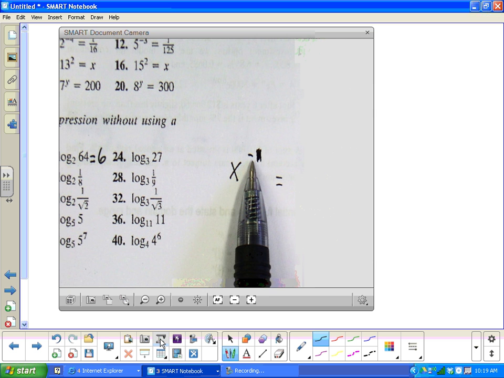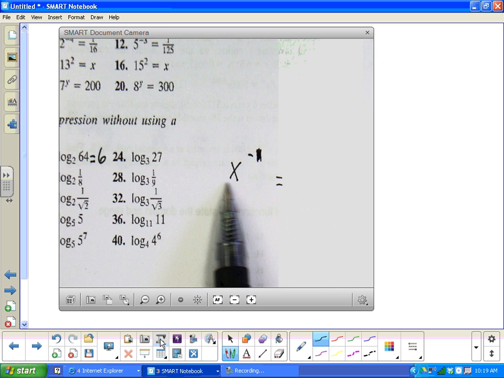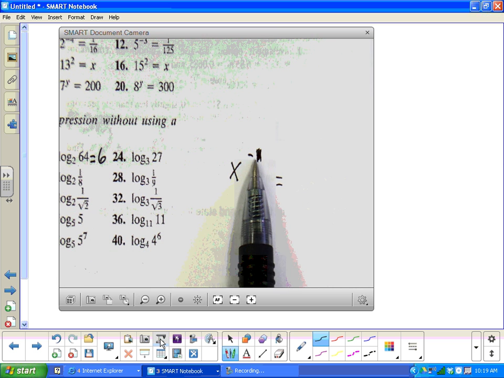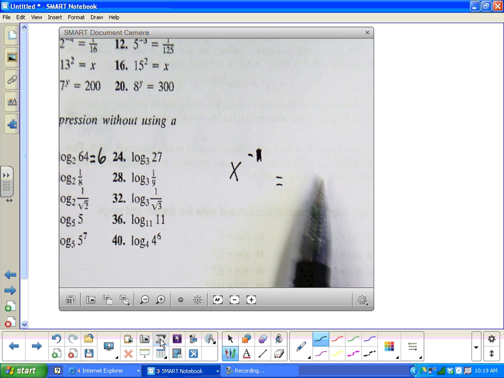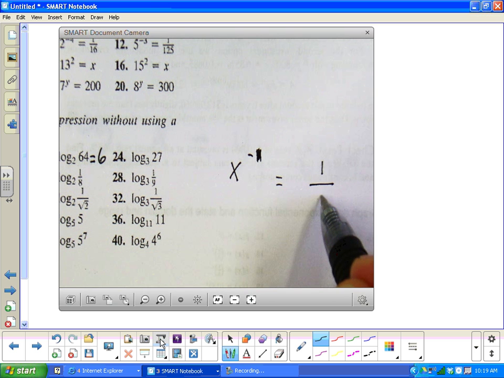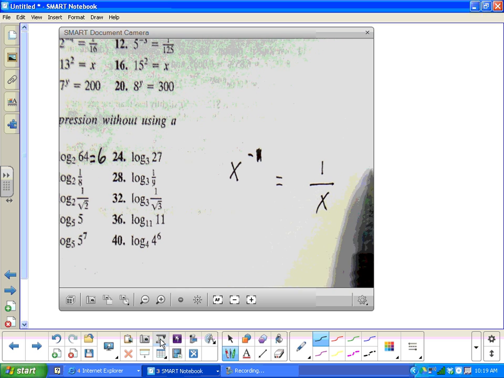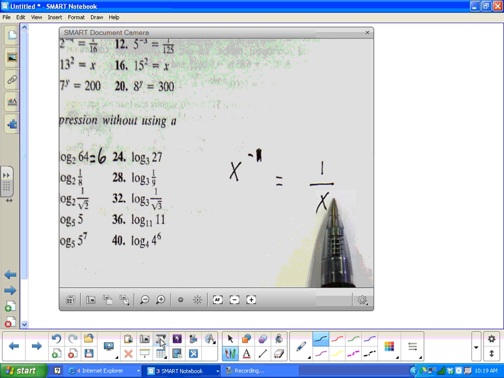I call it the elevator rule when I taught you guys. So what can I do to make this exponent a positive exponent? Remember that now? x to the negative 1 is the same thing as 1 over x.